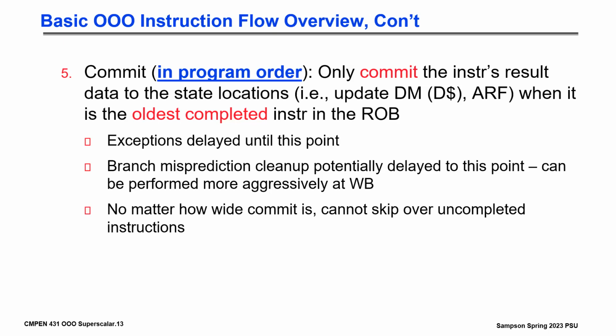Because again, for the same reasoning, since we don't know until it gets to this point that it actually happened, we don't want to go tell the operating system that there was a page fault on some instructions on the wrong side of a branch. We're going to wait till it's actually the oldest thing in the system and say, oh, and actually this is a page fault and everything after this is garbage. We're going to have to fix it and throw away a bunch of work, but at least we still have precise exceptions, right?